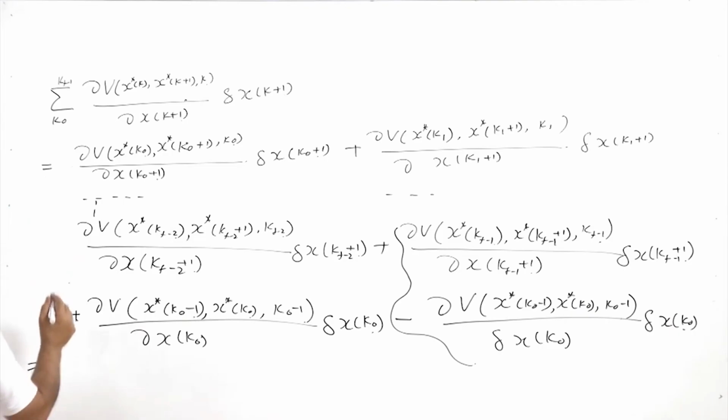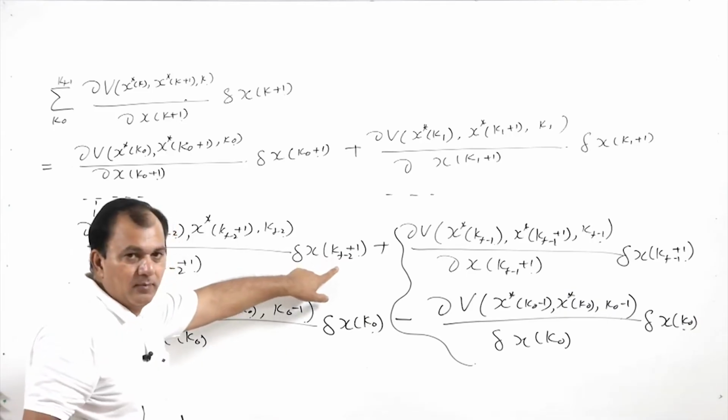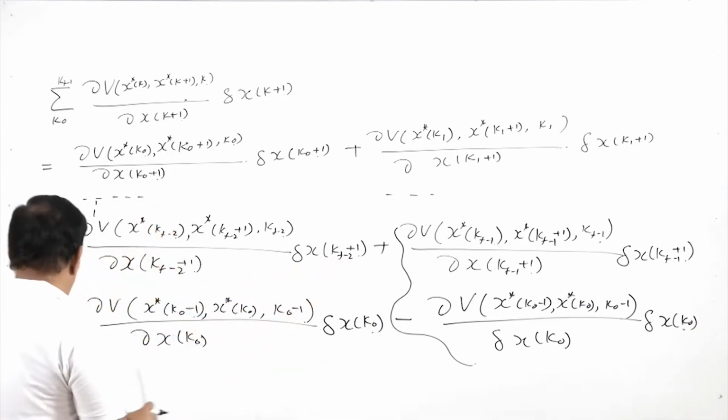This means I am writing the second term as sigma k0 to kf minus 1. So, what will I have? I have only up to this term. This is my first term.